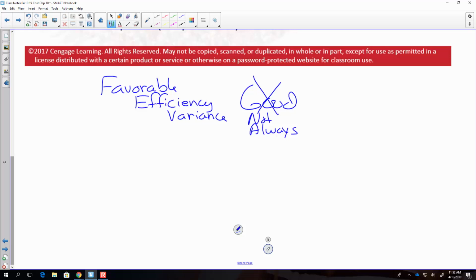How can I make this a very large, favorable efficiency variance? I'm in production. How can I reduce the time to make something? Have more than one person on it. I still have 2 people doing time on it.